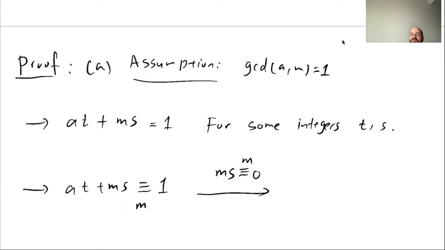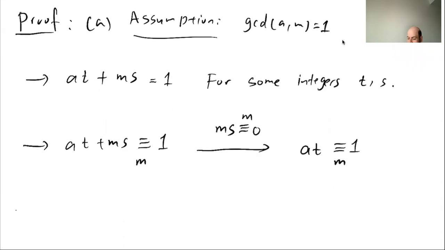Think about the definition of congruent: MS is 0 mod M means M divides the difference between MS and 0, which means M divides MS. And of course, that's true, because MS is a multiple of M. So I can replace MS with 0 mod M, since I'm looking at everything mod M. Then I get AT congruent to 1 mod M, and that means A has an inverse mod M.